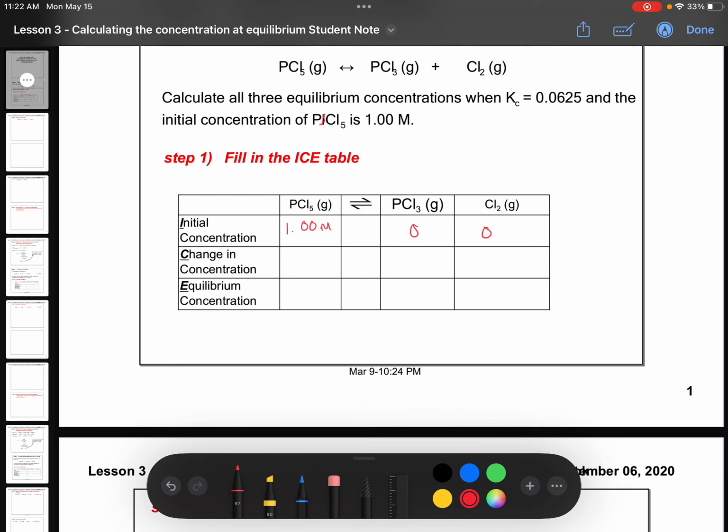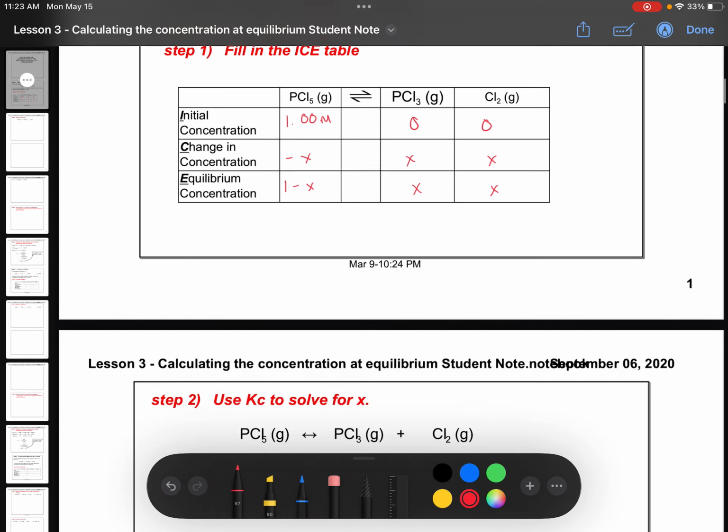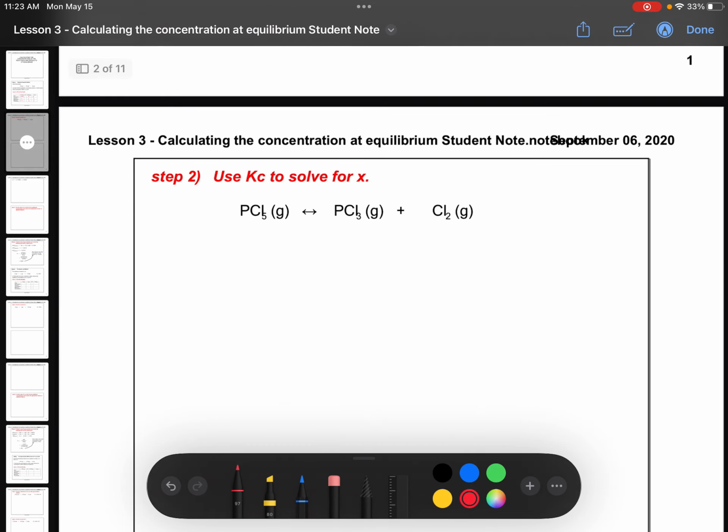So we have 1 mole of PCl5, which means we have 0 for our products. Our change in concentration, so our ratios is 1 to 1 to 1. We know our reactants is negative and our products is positive X, and therefore our equilibrium concentration is 1 minus our X, and then X and X.